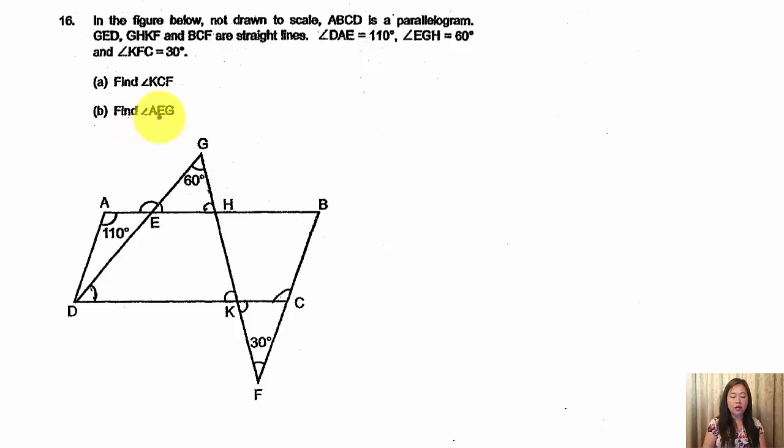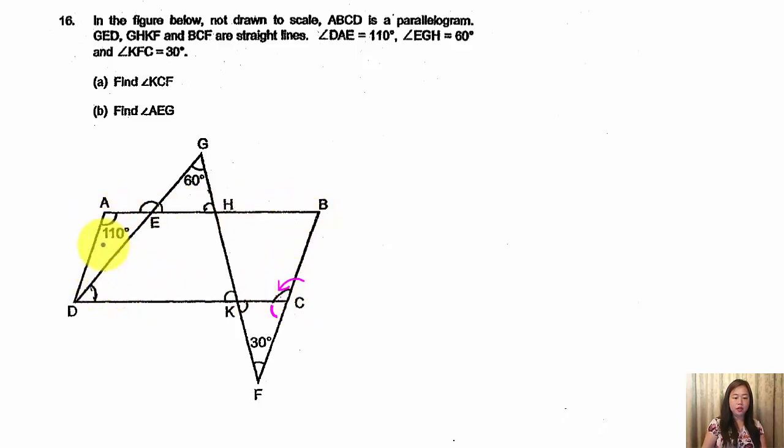Find angle AEG. So first, let us find where is angle KCF, and KCF is actually at here. To find this angle over here, we need to find what is the angle here. And this is a parallelogram.